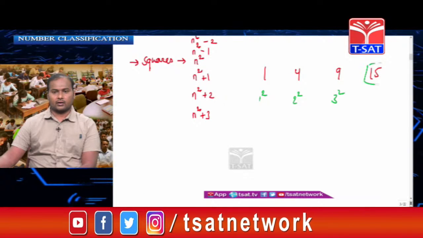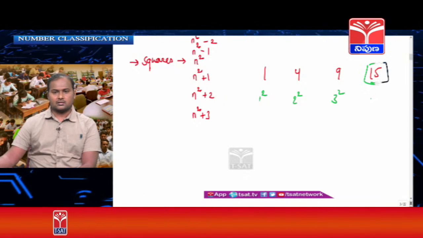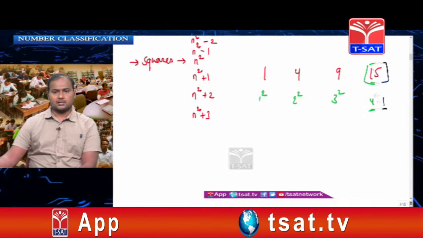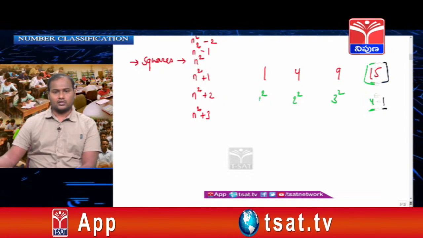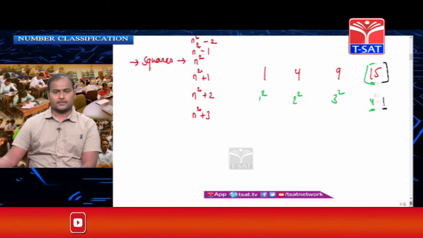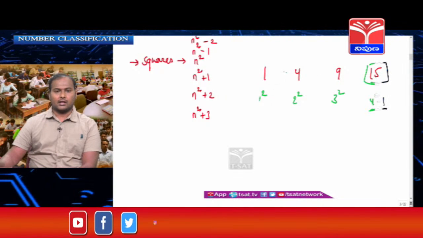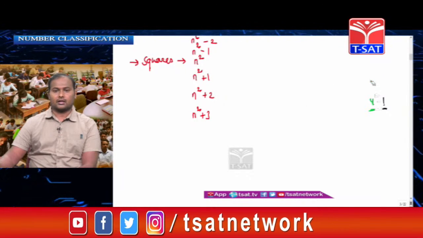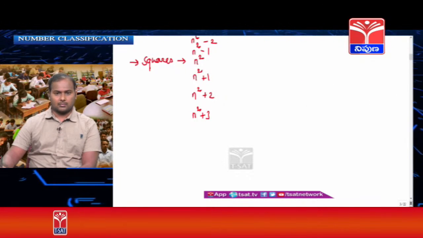Obviously, this is the different one, 15. It is 4 square minus 1. So this is what we call classification. In classification, we need to identify a certain character that classifies the numbers.